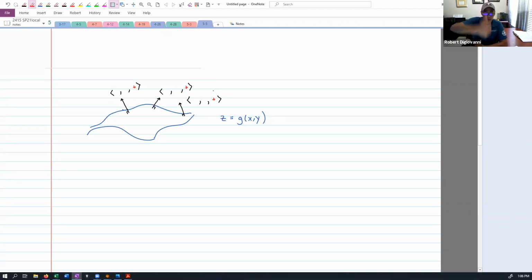Then they would all be positive. Now the x and the y components might be positive or negative, but the z has to be pointing up if it's going away from the xy plane. Now, if you look at that normal vector pointed in the other direction, it would still be perpendicular. It would still be considered a normal vector, but now the z part is negative. Do you all agree?